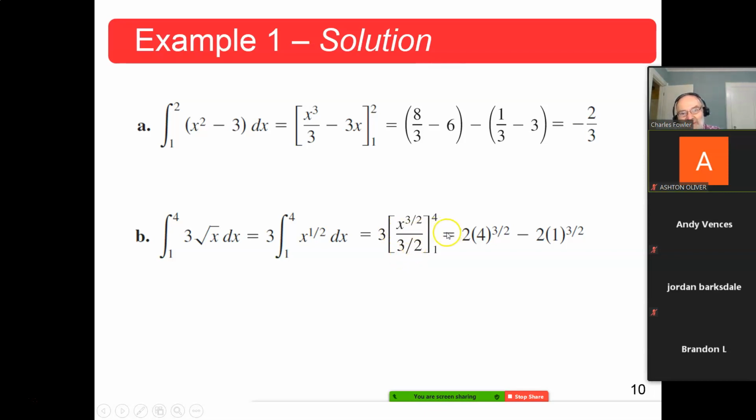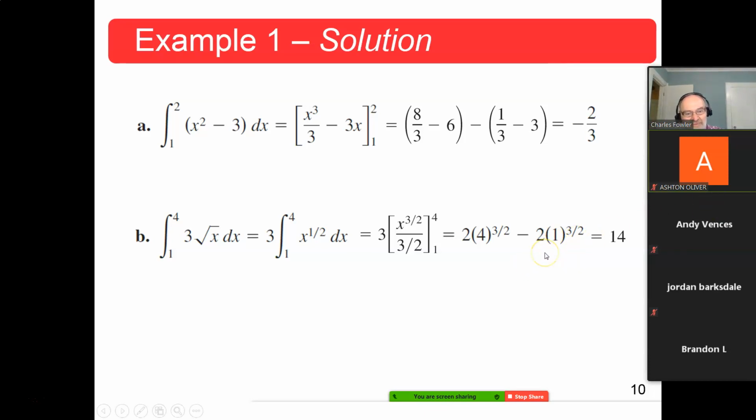2 times 4 to the 3/2 minus 2 times 1 to the 3/2. Okay? The square root of 4 is 2. 2 cubed is 8. So 2 times 8 would be 16 minus 2. Okay? Which would be 14. Because the square root of 1 is 1. 1 cubed is 1.